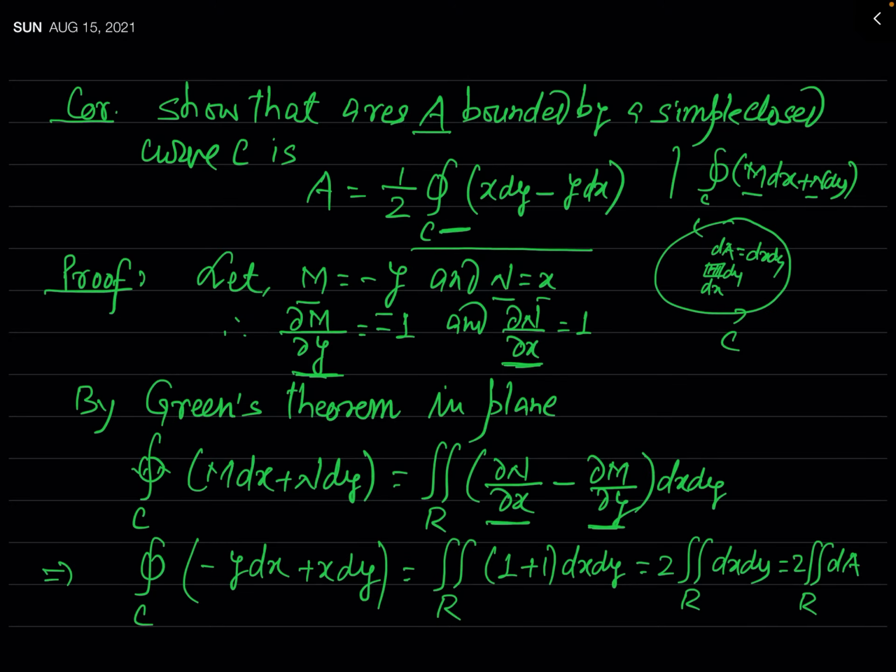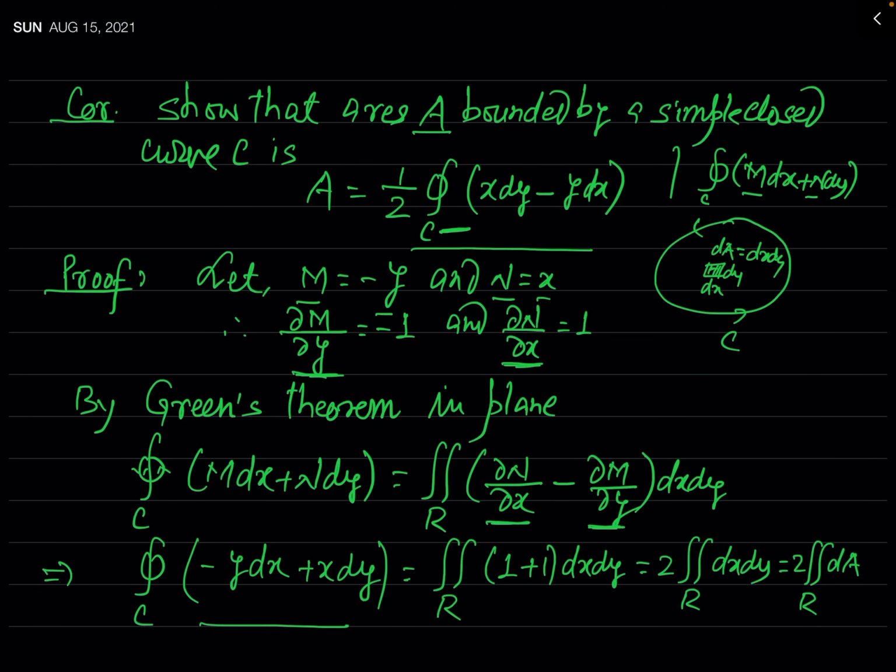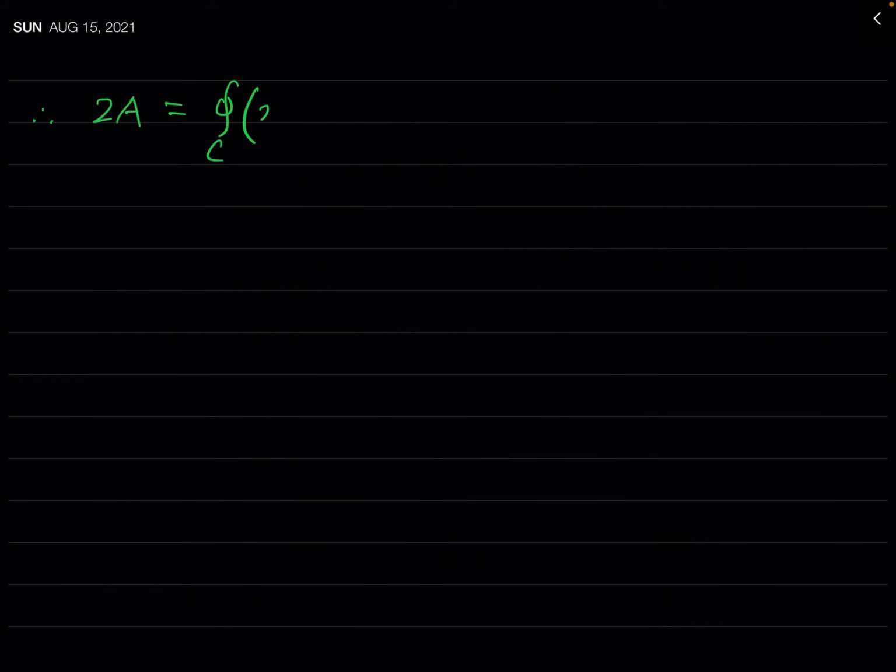Therefore, writing that term from the RHS on the LHS, this will be 2A, and 2A will be equal to the integral along C of x dy minus y dx.